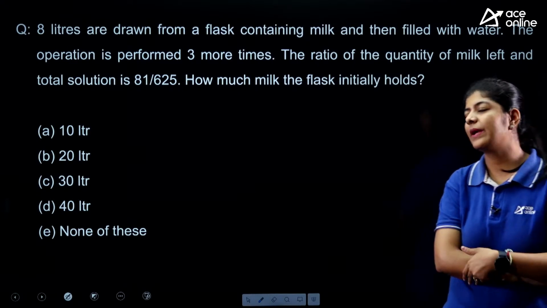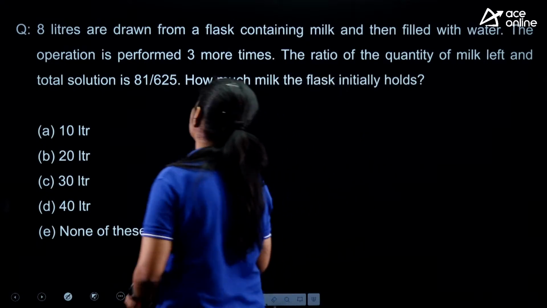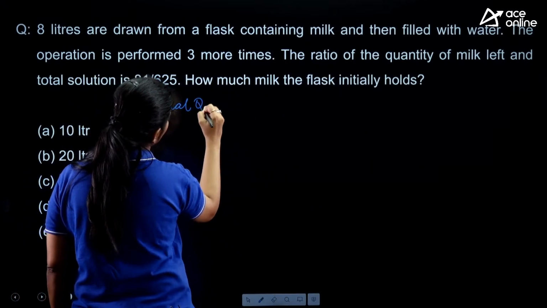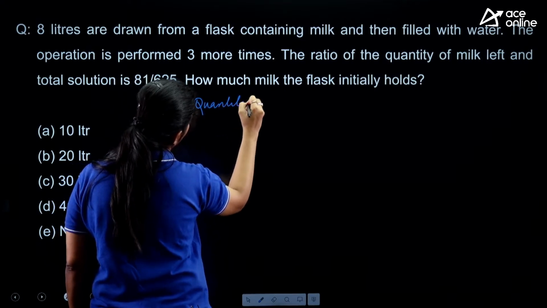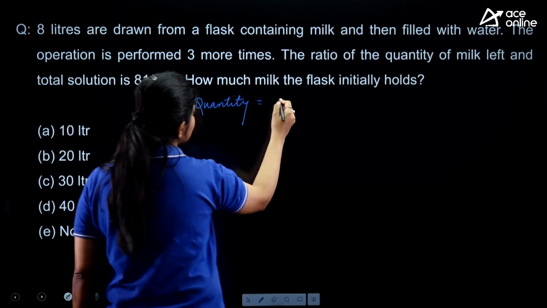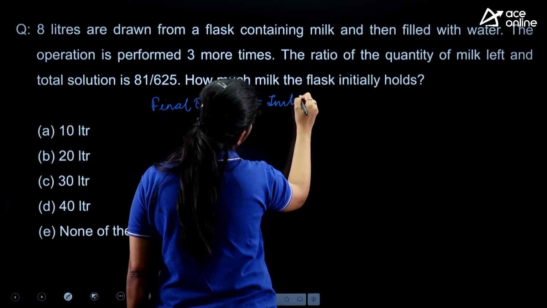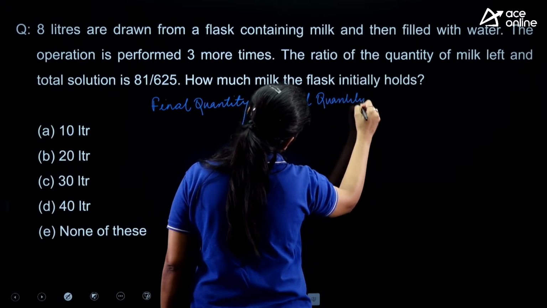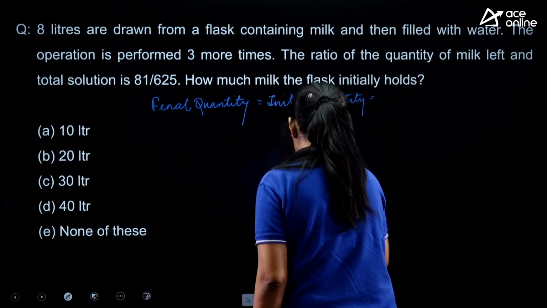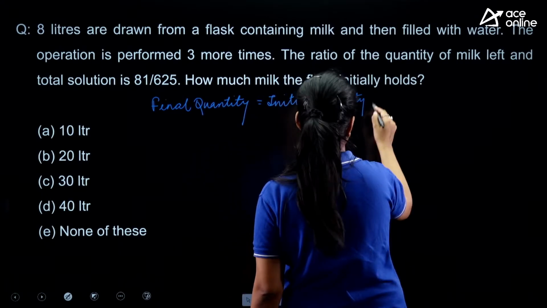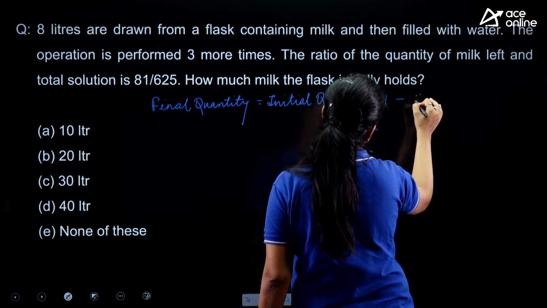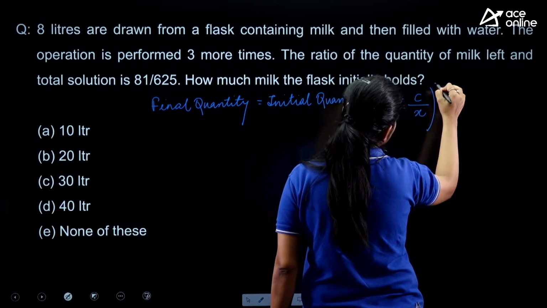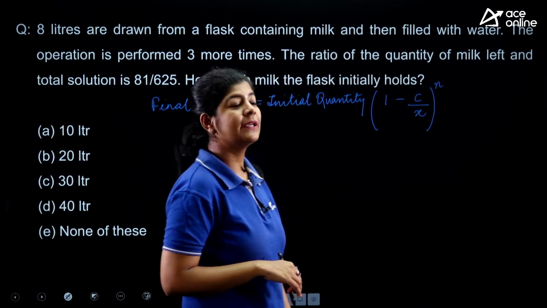It's a very simple one. Again, we have a direct formula, and that formula says that the final quantity is equal to the initial quantity multiplied by 1 minus the taken out quantity from the total quantity, raised to the number of times that step is repeated.